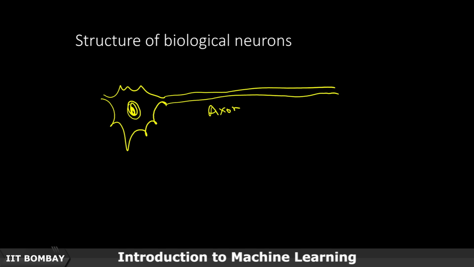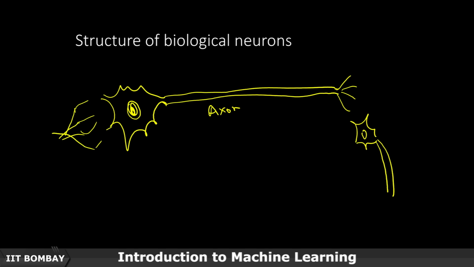These axons, these fibers, are what make our nerves, and at the end of the axon we have connections to other neurons. Similarly, the neuron takes inputs from other neurons around it. These structures are called dendrites.